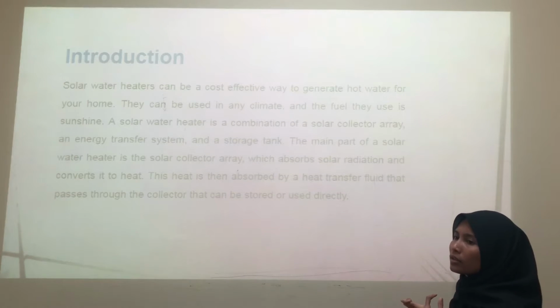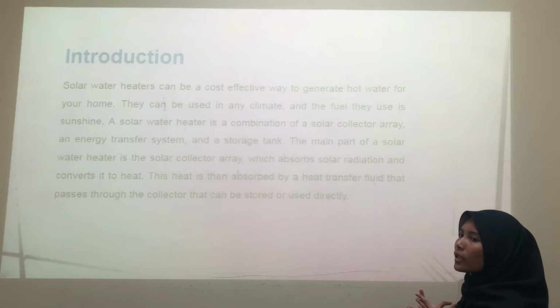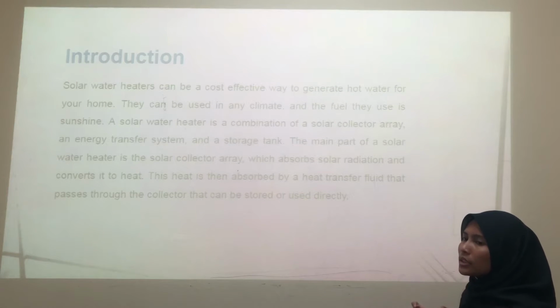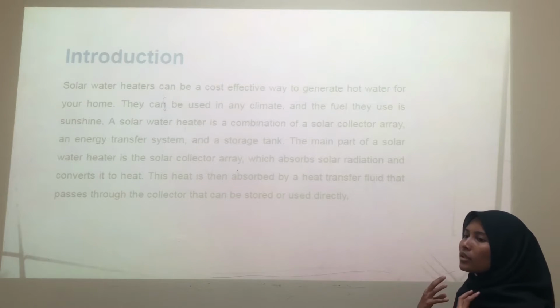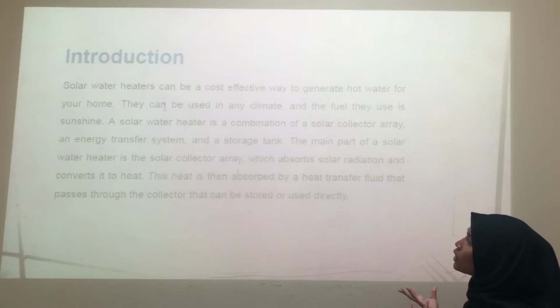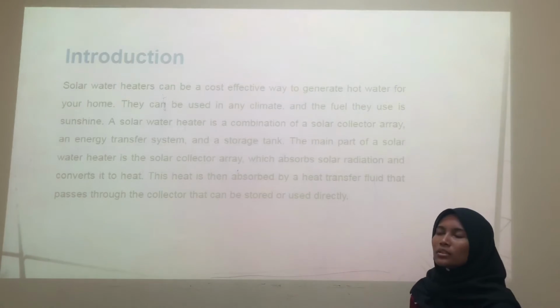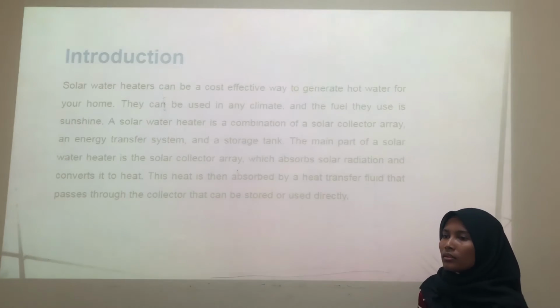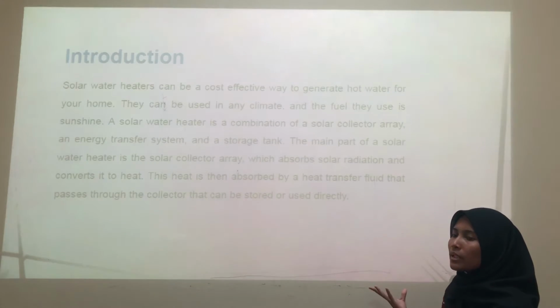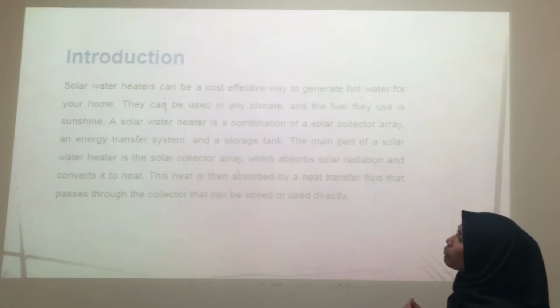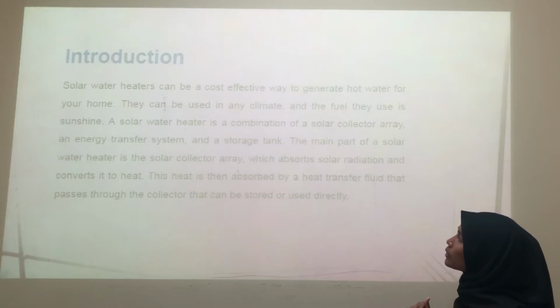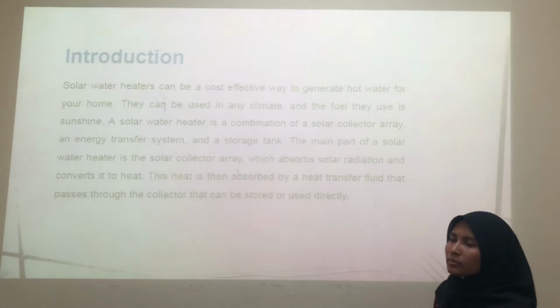The main part of a solar water heater is the solar collector array, which absorbs solar radiation and converts it to heat. So untuk solar collector ni dia serap solar radiation tu, lepas tu dia converts to heat. And then this heat is then absorbed by a heat transfer fluid that passes through the collector that can be stored or used directly.